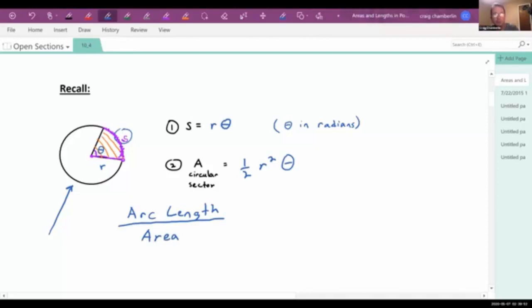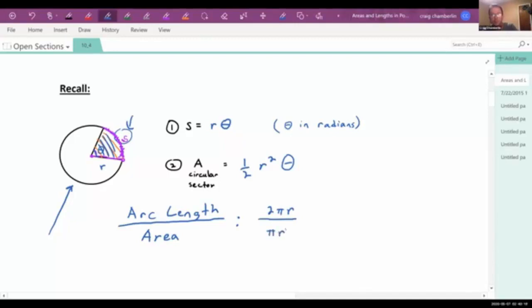So the area associated with this arc length of S is the pie, if that makes sense. And then the way you could come up with that formula is you could create a proportion. If you think about the arc length all the way around the circle, that's the circumference, and that would be 2 pi r. And you could put that in ratio to the area of the circle, pi r squared.